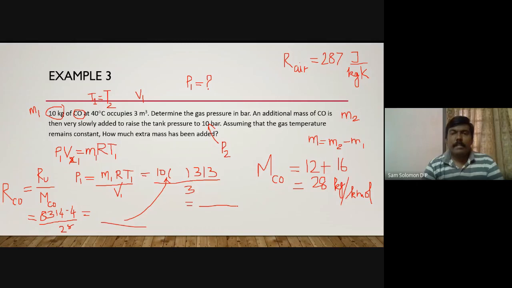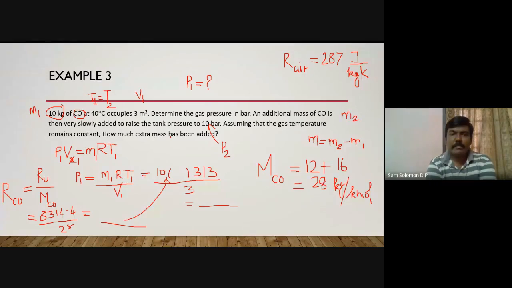Okay, the second half: when additional mass of carbon monoxide is added, we now have to estimate the value of M2. So how do we proceed further? Now we have to find out how much extra mass has been added.